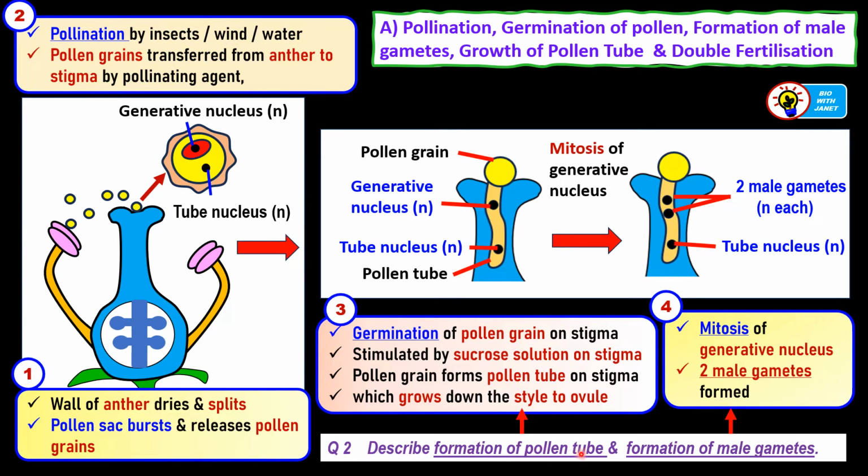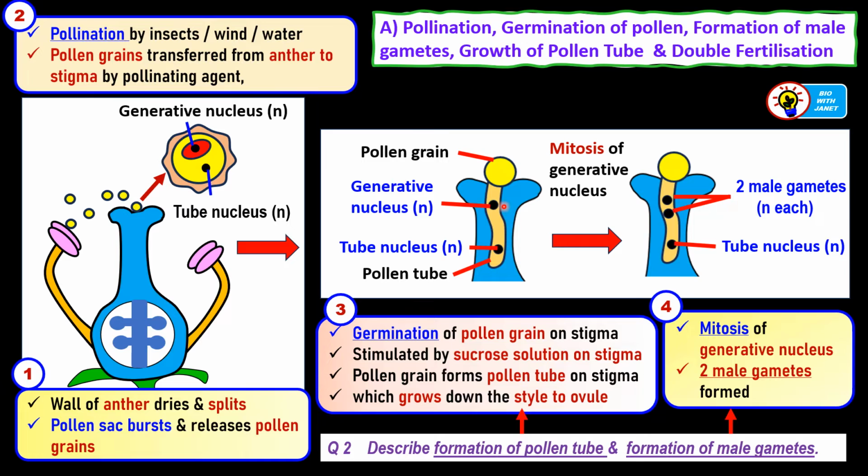Describe the formation of the pollen tube. So once the pollen grain has landed on the stigma, the next process is the formation of the pollen tube. How to describe it? So germination of the pollen grain on the stigma is stimulated by a sucrose solution secreted by the stigma, which will cause the pollen grain to grow a pollen tube on the stigma.